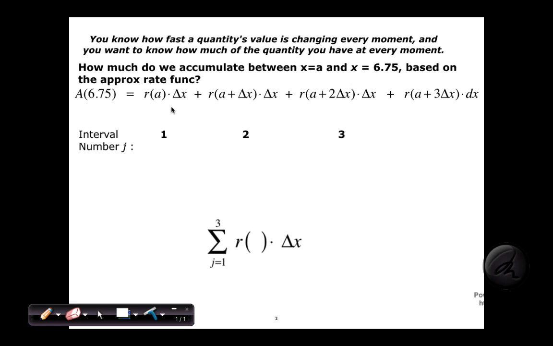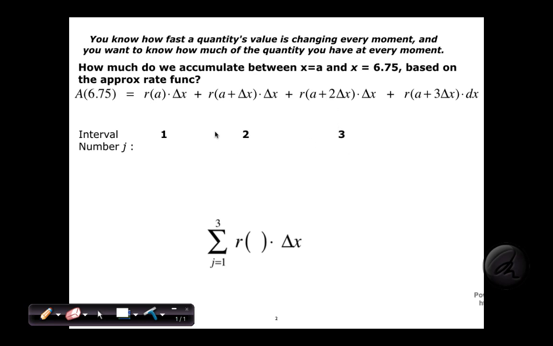So each one of these is going to have an A in it. That part's going to be the same. It doesn't have anything to do with J's. But what I'd like to change is how many delta x's are added onto that A. In the first interval, notice there's no delta x's. In the second interval, there's 1 delta x. To represent the rate for the third interval, there's 2 delta x's.